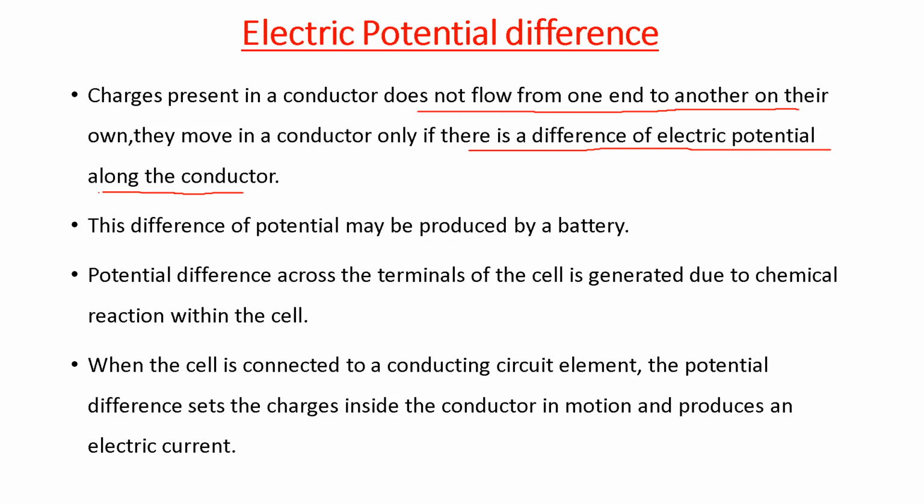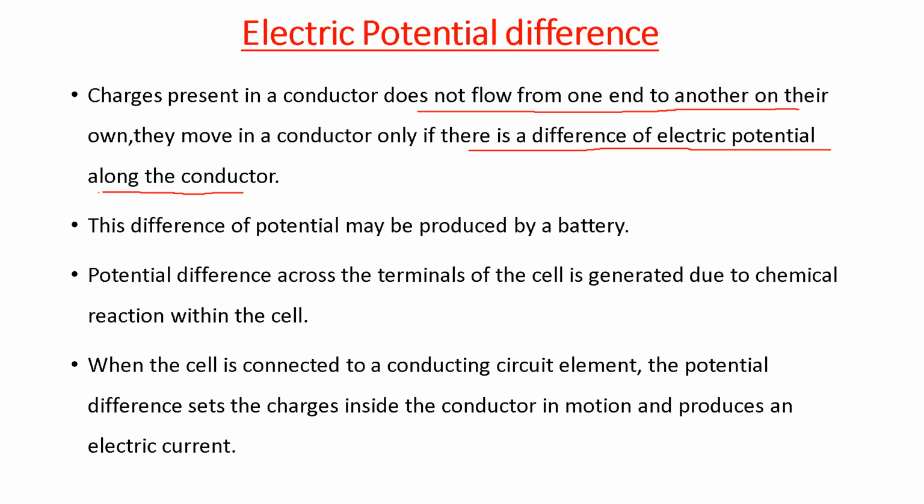But when it is connected to a battery, one end of the wire is at higher potential, that is the positive terminal, and the other end is at the negative terminal. Hence the electrons start flowing from the negative terminal towards the positive terminal.